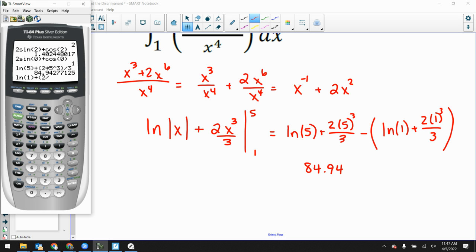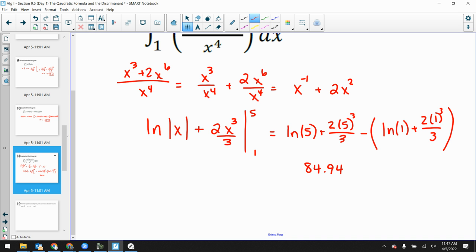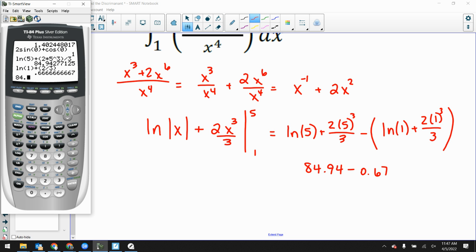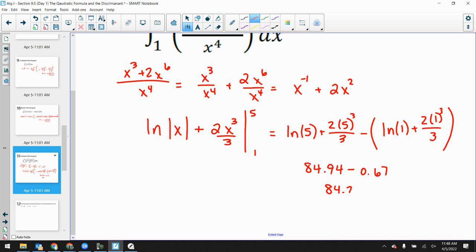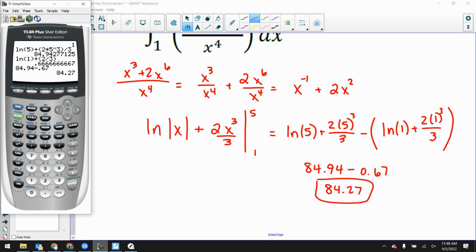Oh, this is just going to be 2/3, isn't it? Because ln of 1 is 0 anyway. So minus 2/3, or 0.67. My other one was decimals. Okay, so 84.94 minus 0.67, rounded, 84.27.